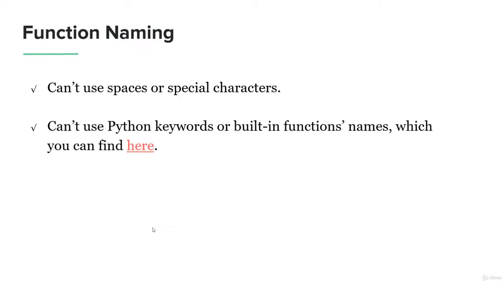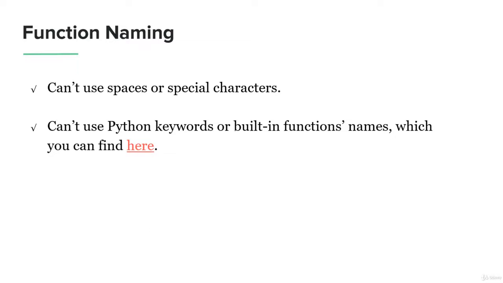But for now, you also need to understand a very important idea, which is function naming. You cannot use spaces or special characters when you are naming your function. You also cannot use Python keywords or built-in function names, which you can find here. If you go to this link, you will find it in the resources for this lesson.